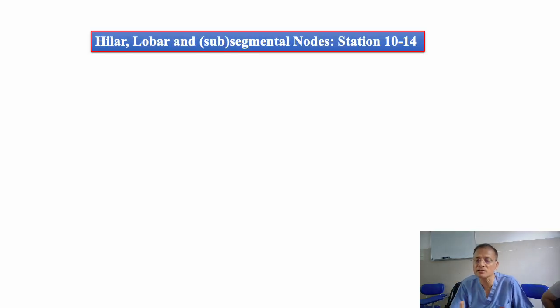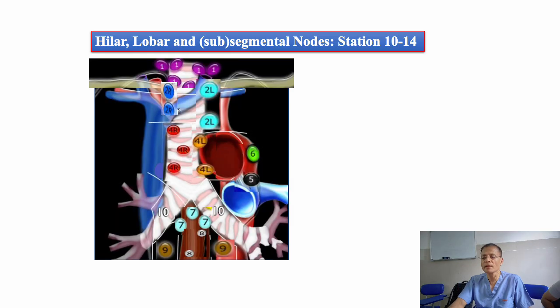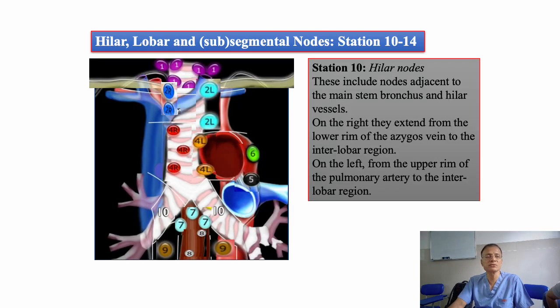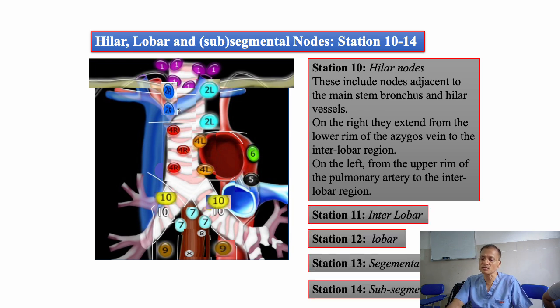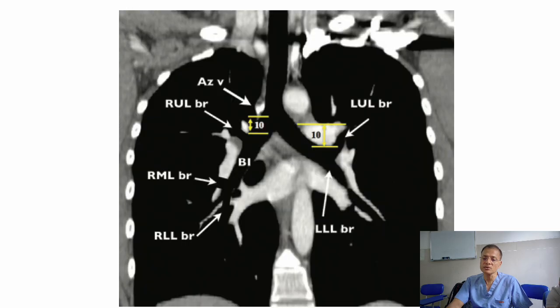Now coming to the hilar nodes, this is very important. I will tell you why. Quite a lot of the time we confuse level 10 and 2R, for example on the right side, which are closely associated. So the 10R lymph node, 11, 12, 13, 14, I mentioned before also. For level 10, we must remember that it lies along the main bronchus first. If you have defined in surgery the right main bronchus or left main bronchus, which nodes are lying along the right main bronchus?